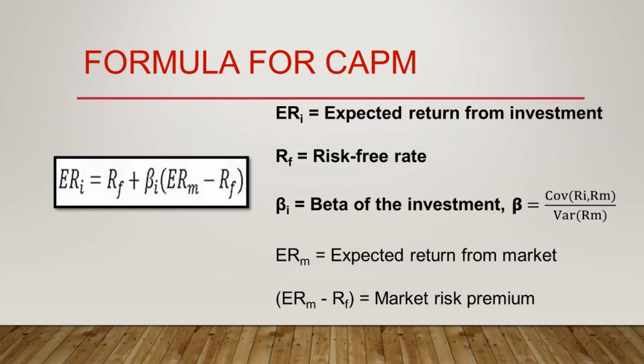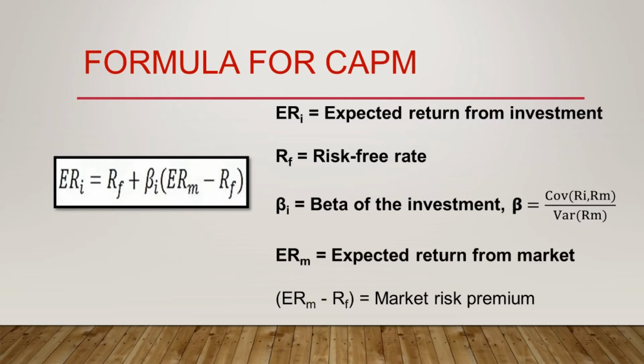So if the market is going up, how is your asset moving, so that you can have a clear picture of your asset and the market movement. And we also looked at the beta formula in our previous session, which was covariance by variance, where the covariance was between the return from the asset in which you are investing and the return from the market, divided by the variance of the return from the market.